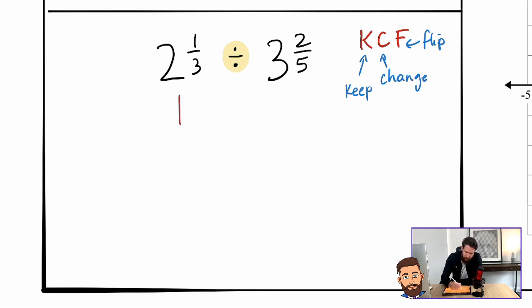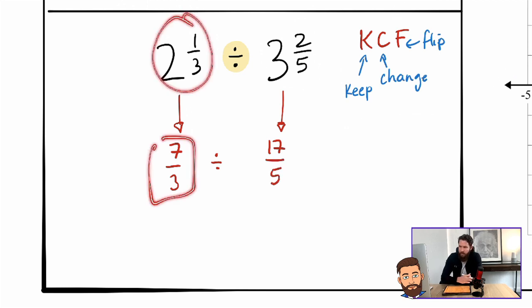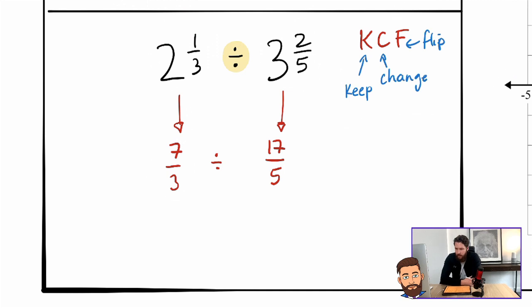By doing that, we get 3 times 2 is 6, plus the 1 is 7. So that would be 7 over 3 divided by 5 times 3 is 15 plus 2 is 17. Now if you're unsure about how I'm turning this mixed number into a top-heavy fraction, you can look at my fraction series where I go in depth about how to do that and why it works.